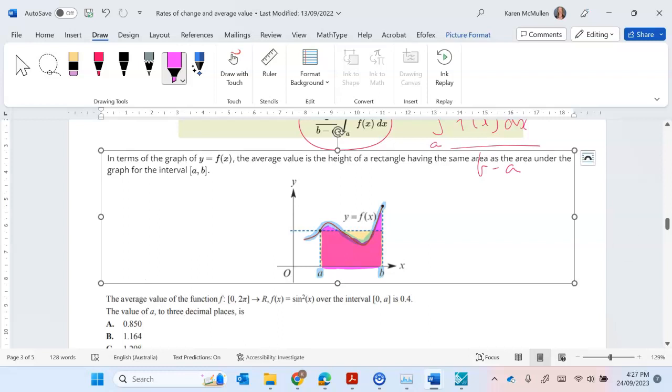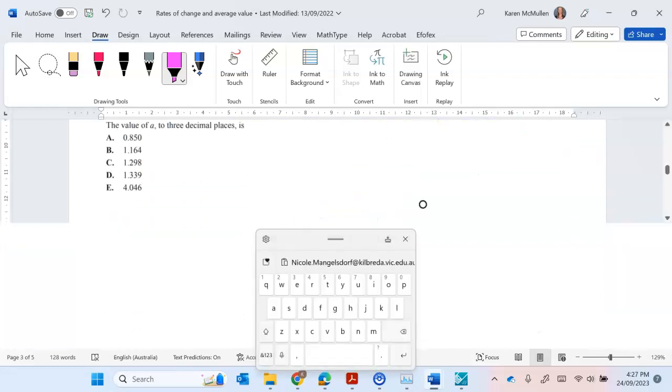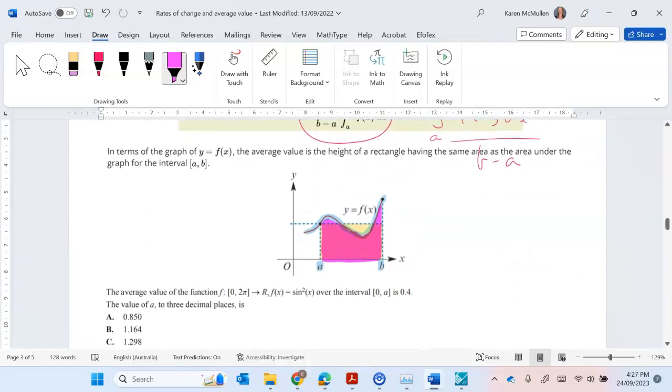So just ignore the yellow rectangle. Now, if we wanted to find the average value of that function, we just look for the distance between a and b. Here we don't know what a and b are, but let's say a was 2 and b was, I don't know, 10. So the distance between them is 10 minus 2, which is 8.